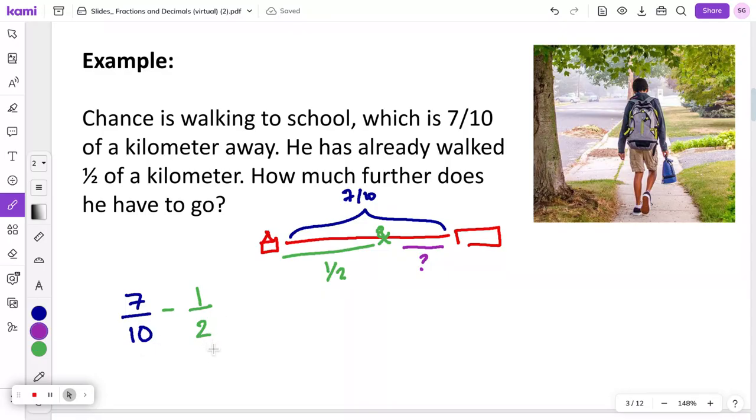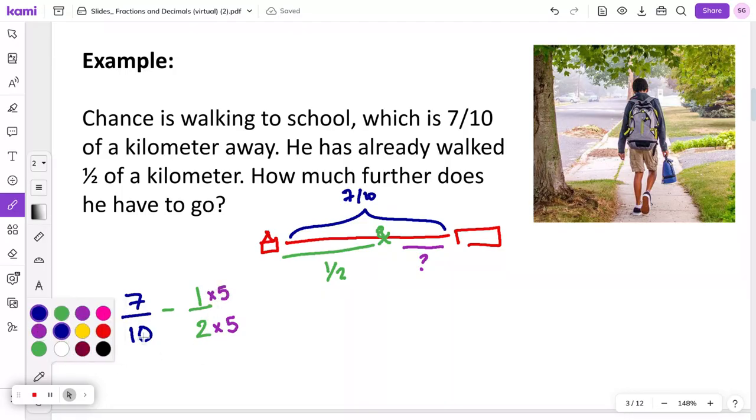The way we do that is with multiplication. I look at the fraction that's got the smaller number, the 2, and I think about what could I multiply that by to make it the same as the denominator in 7/10. And I know that 2 times 5 gives me 10, so I'm going to multiply by 5. Not just the bottom number, not just the denominator, but also the numerator, the number on top.